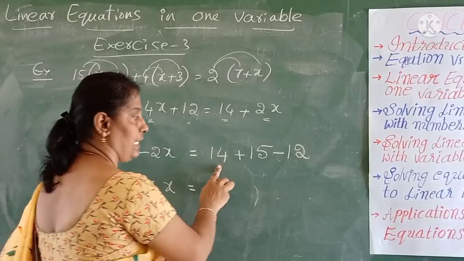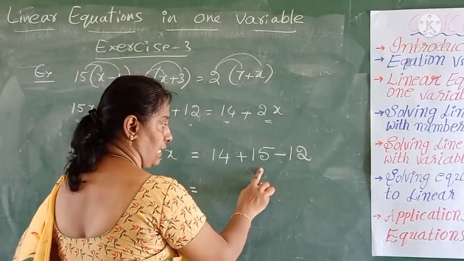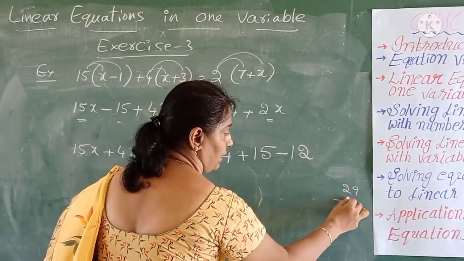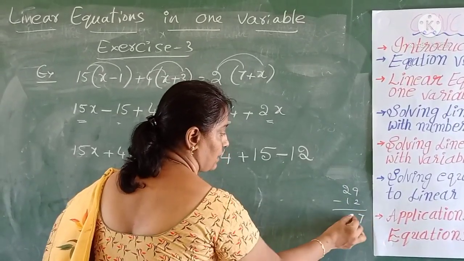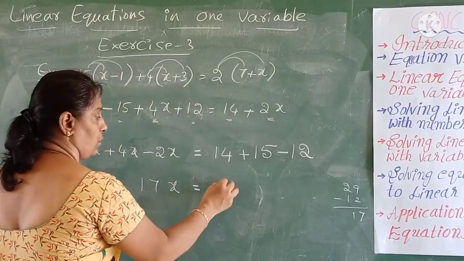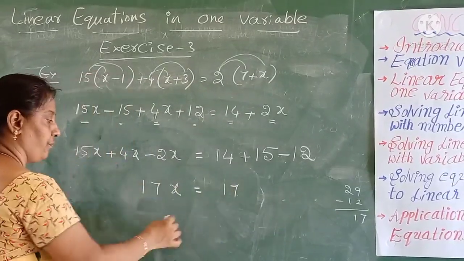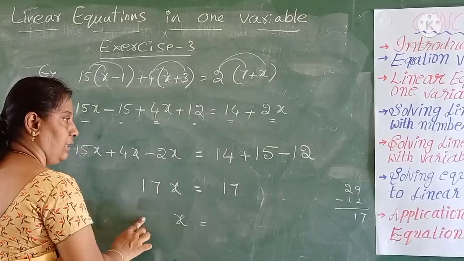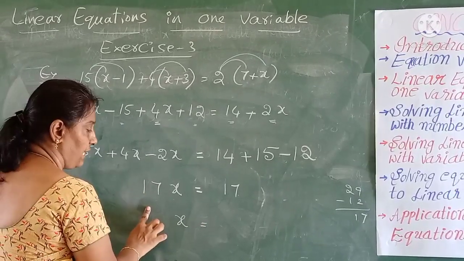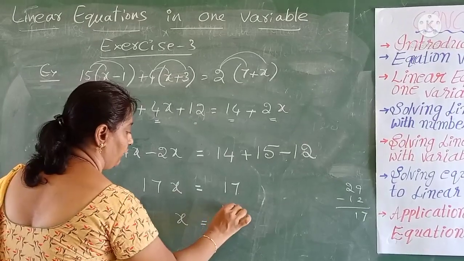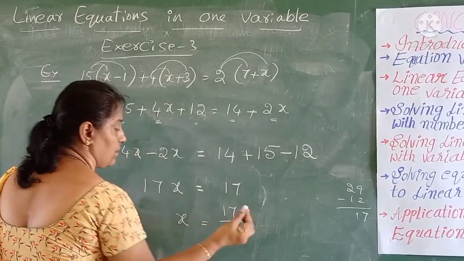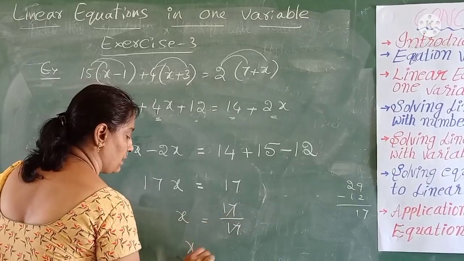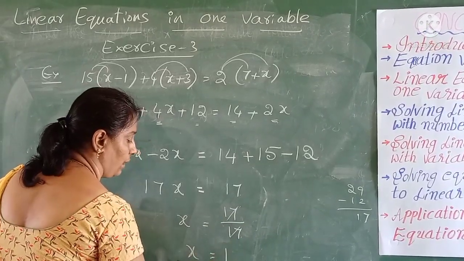One more: 14 plus 15 is 29. 29 minus 12 is 17. So 17x is equal to 17. We have to find only x here. We don't want 17; it is multiplied here, so moving to the right side it becomes division. Both will be cancelled. So x is equal to 1.